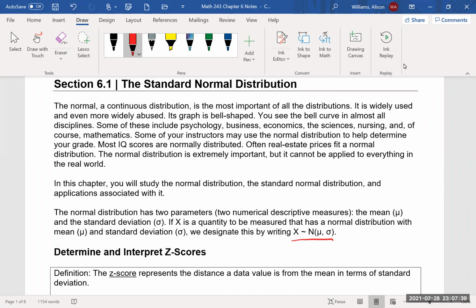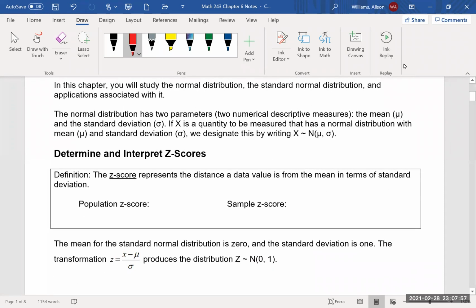When you say x, then the little tilde, and then N for normal, the two parameters we're interested in are the mean and the standard deviation. In particular, the population mean and population standard deviation. Okay, so we're going to talk about what a z-score is, and then from there, we'll go back and talk about what the standardized normal curve is.